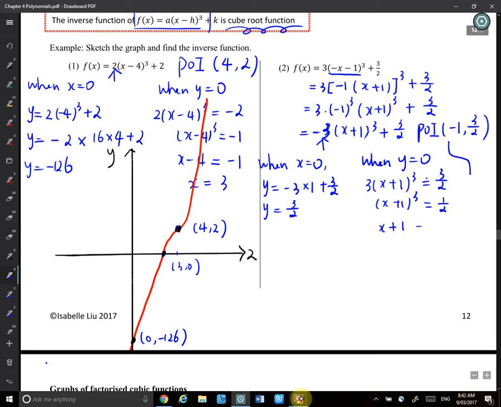Then x plus 1 equals the cube root of a half. If you want to rationalize the denominator, you need three 2's on the bottom, so you need to multiply by two 2's on the top. Then x equals the cube root of 4 over 2, subtract 1.